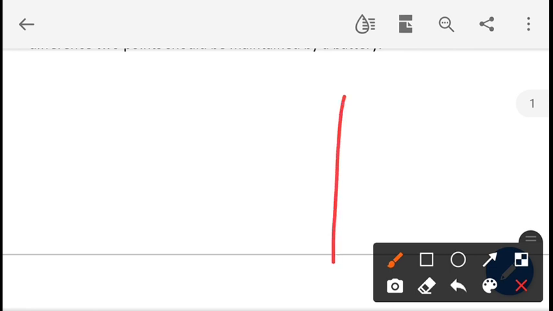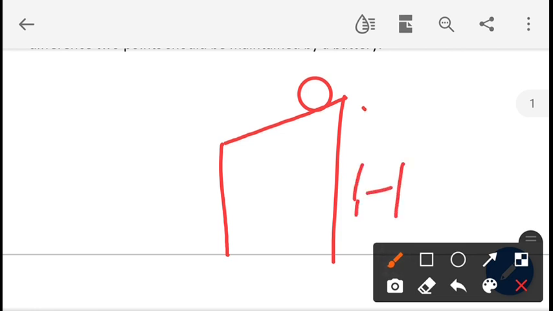This I have taken a pole, this I have taken a pole, and a slope I have taken here, and there is a ball I have taken here. Okay, so definitely capital H is the height of this one.